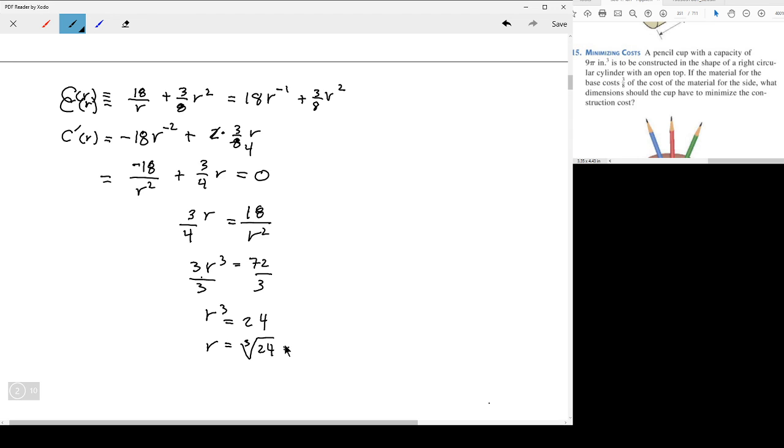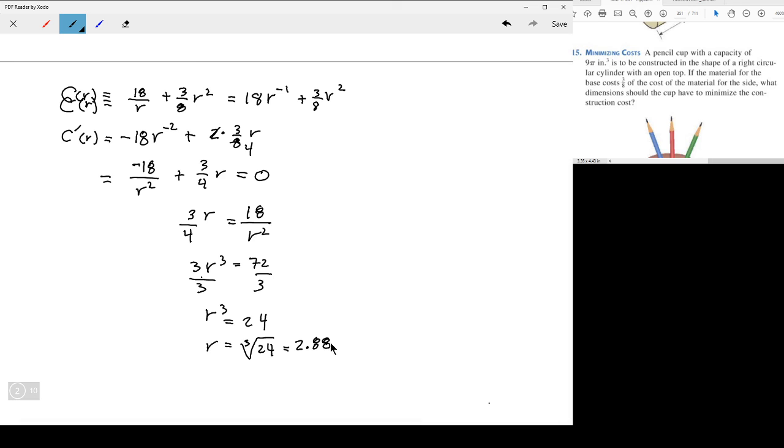Look at my calculator. 24. 2.88. All right, so 2.88 is what the radius is going to be.